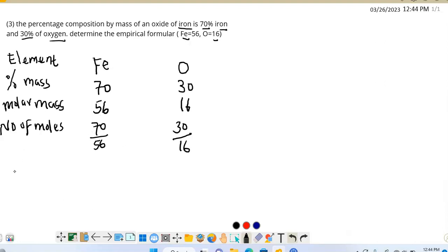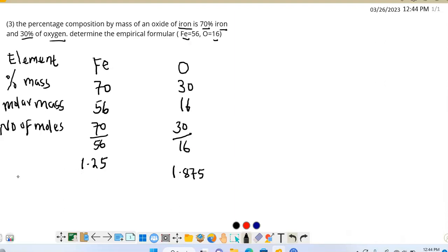Okay, let's see the value of the number of moles. Here it is 1.25, and here it is 1.875.